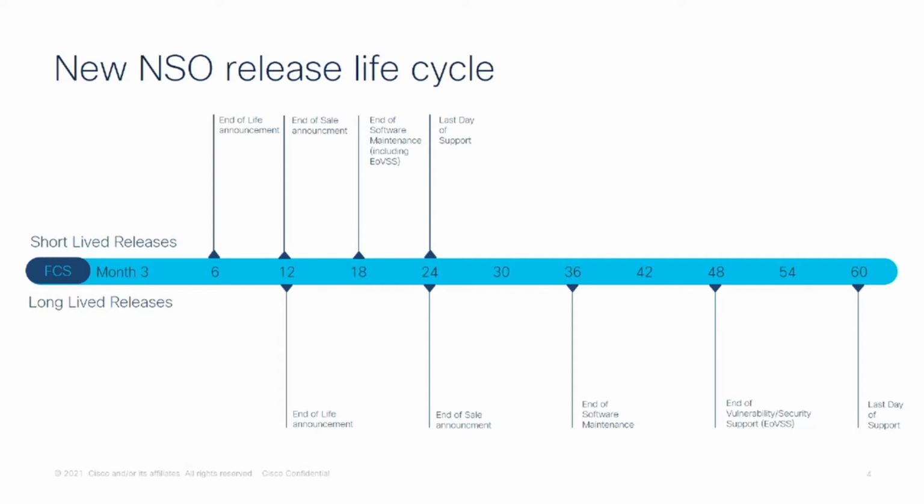That's our future cadence of the release life cycle, and something you should consider when you plan your upgrade cycles for NSO going forward. So with that, I hand over to you, Martin, to talk about your experience with your customer engagements.